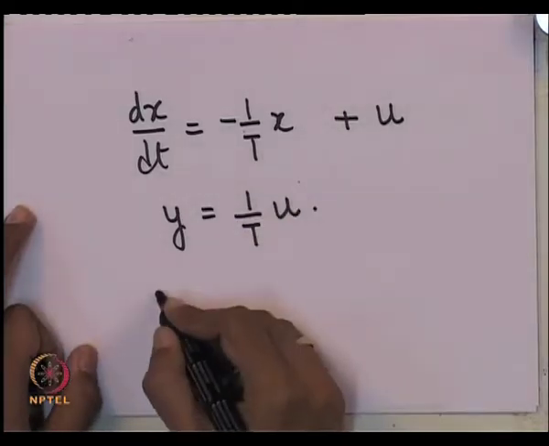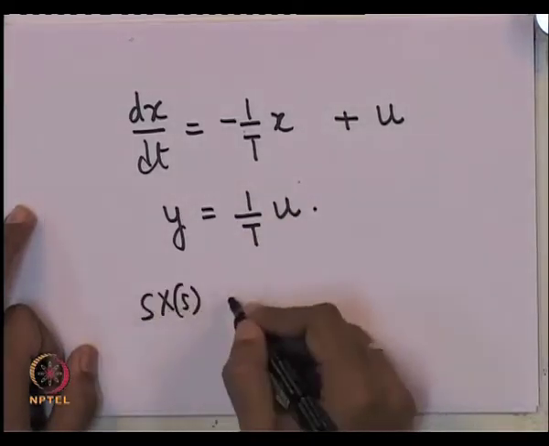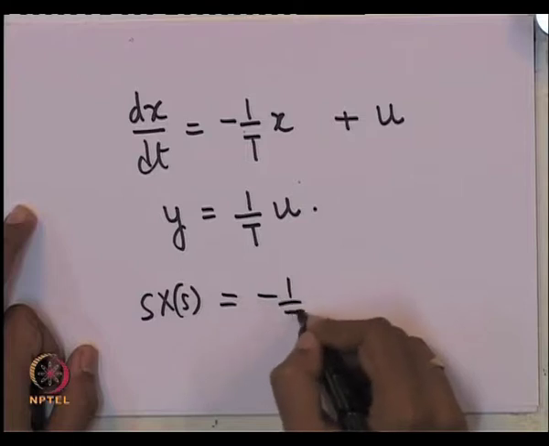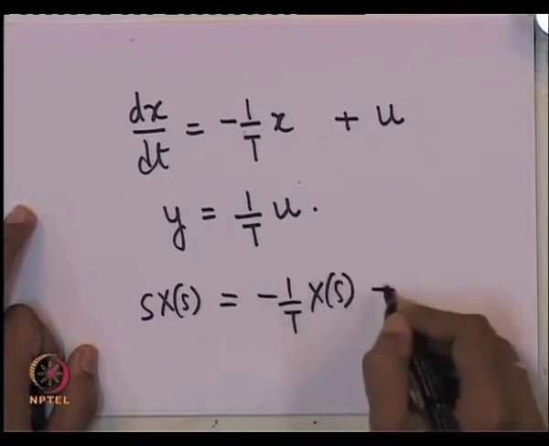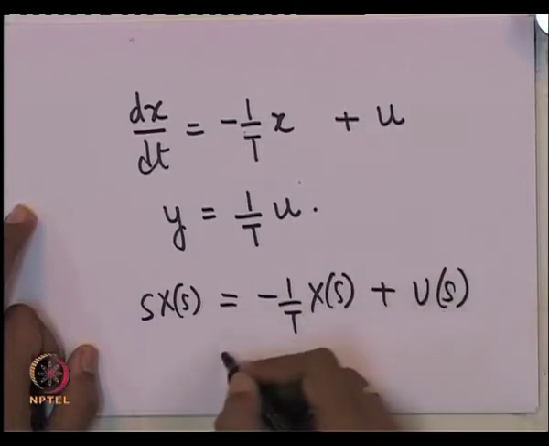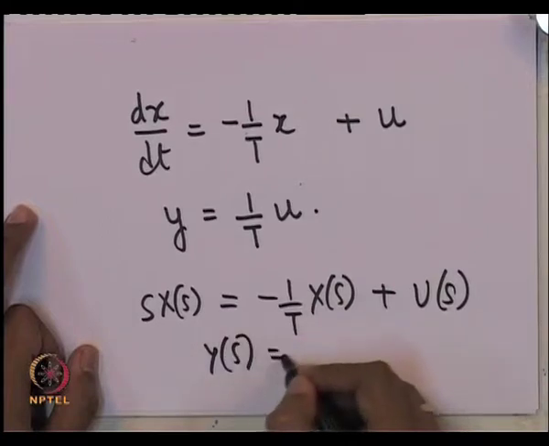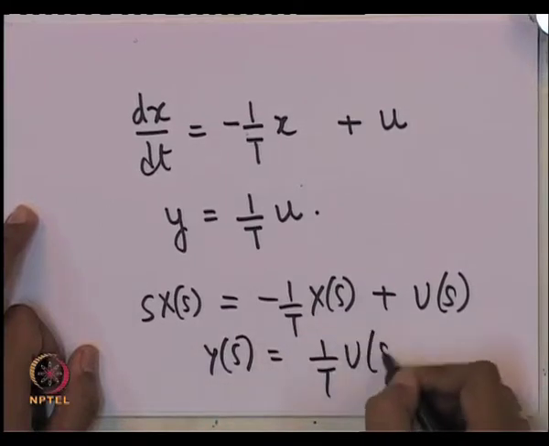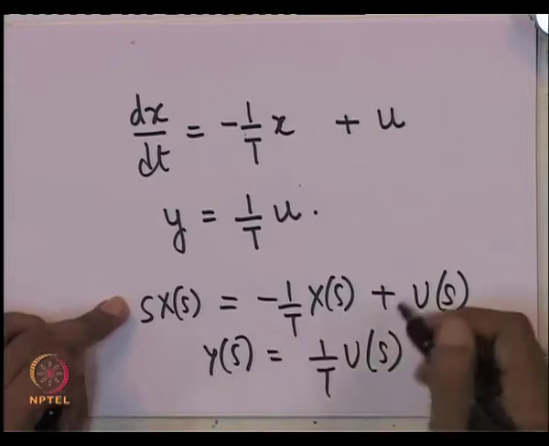Can we verify that? You will get s X(s) is equal to minus 1 upon T X(s) plus U(s), Y(s) is equal to 1 over T X(s).